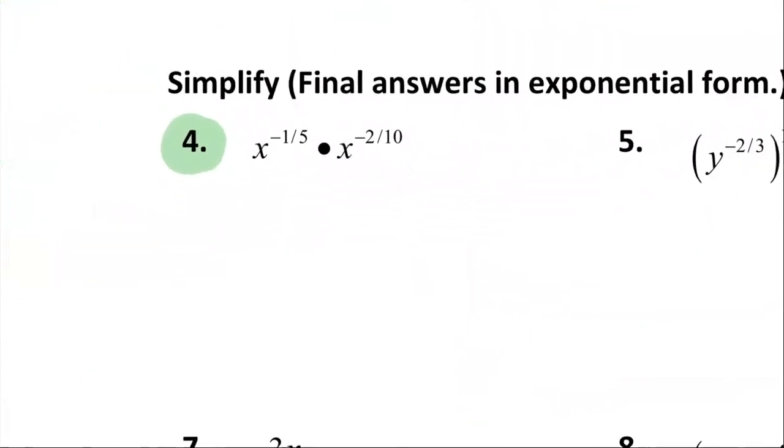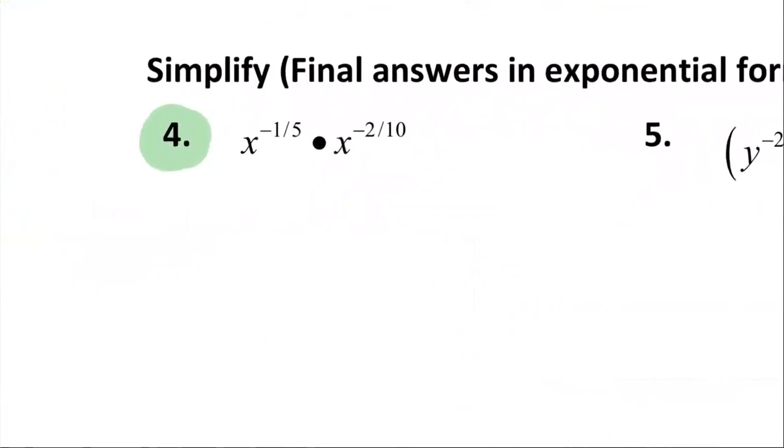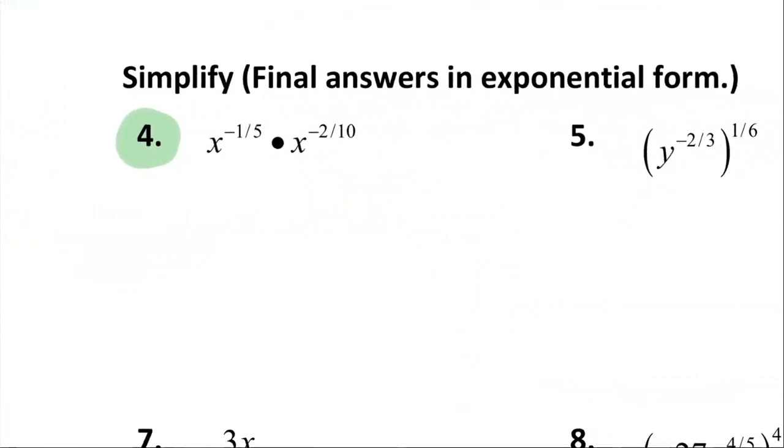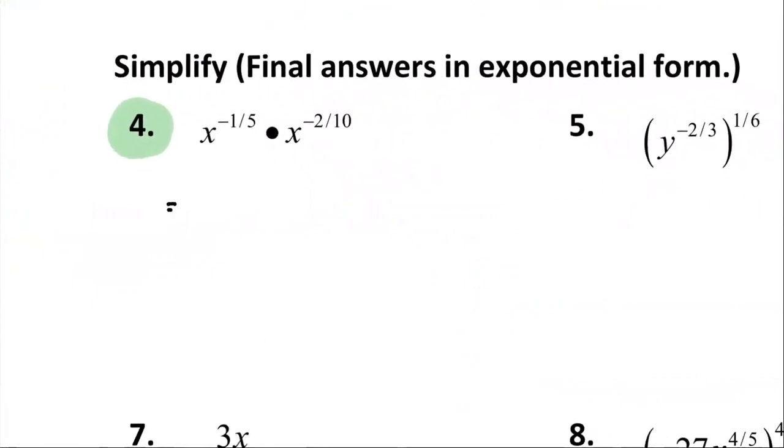Okay, now for number 4, 5, and 6, doing the same thing, but we are going to have this in exponential form. So again, let's ask the question, what do you do with these two exponents? They will add. And when you are home, you know what I want you to do?